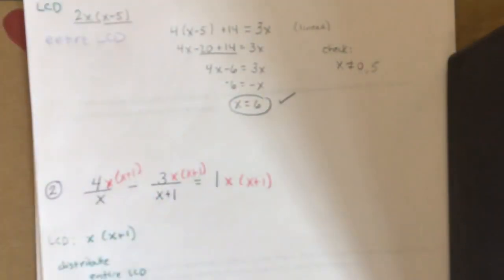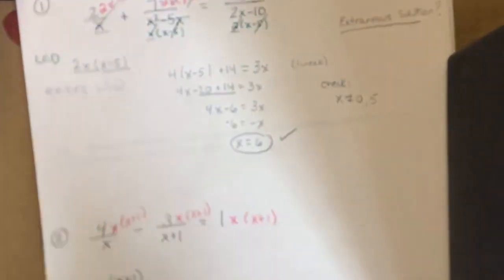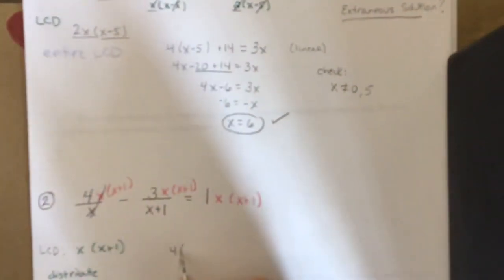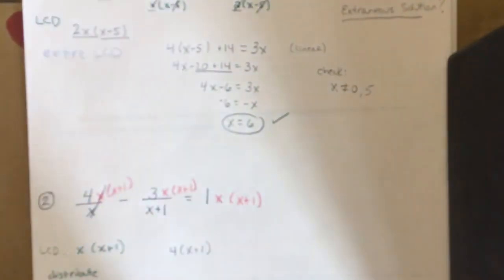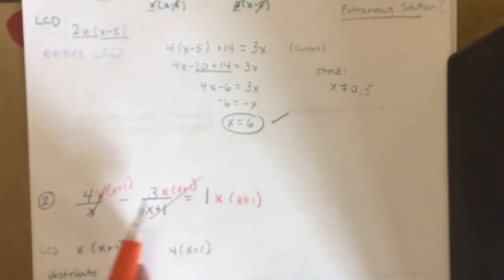And again, if you do this right, you won't end up with any fractions. So here x's cancel and you get 4(x plus 1). Then x plus 1's cancel, so I'm left with minus 3x.